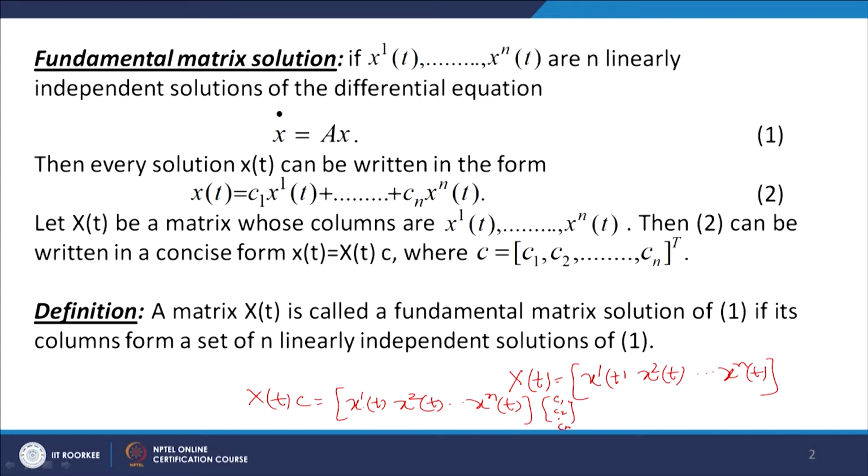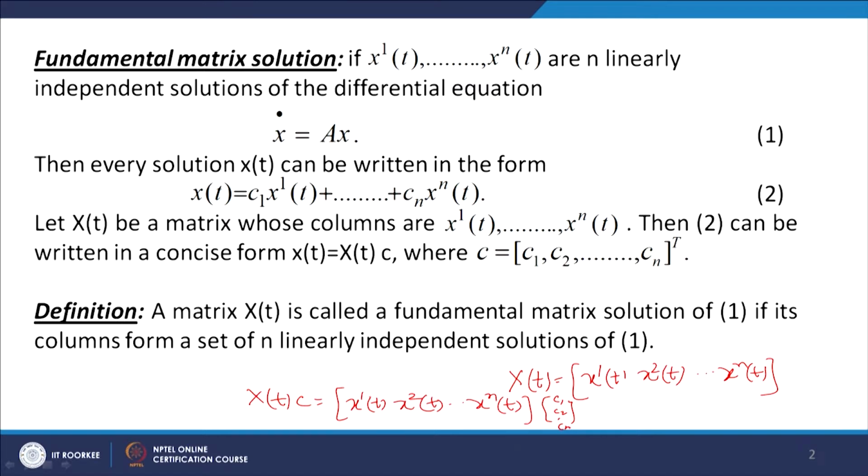Now, these x1(t), x2(t), xn(t) are themselves column vectors. X(t) is an n by n matrix whose first column is x1(t), second column is x2(t) and the last column is xn(t). When you multiply this n by n matrix by c1, c2, cn, what you get is x(t) equal to X(t) into c.